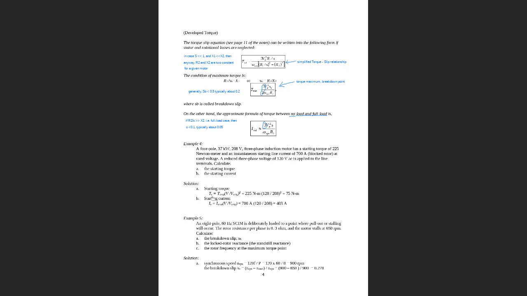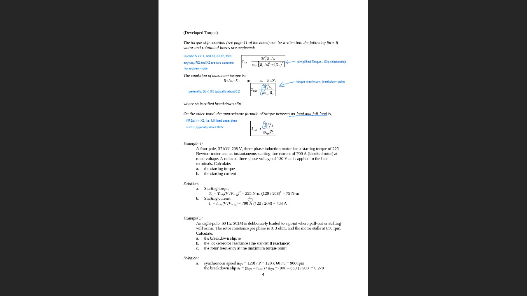Because the frequency does not change, we can simply use the relationship I drew during the exercise. The starting torque at voltage V is proportional to the starting torque at the original voltage, with the voltage ratio squared.